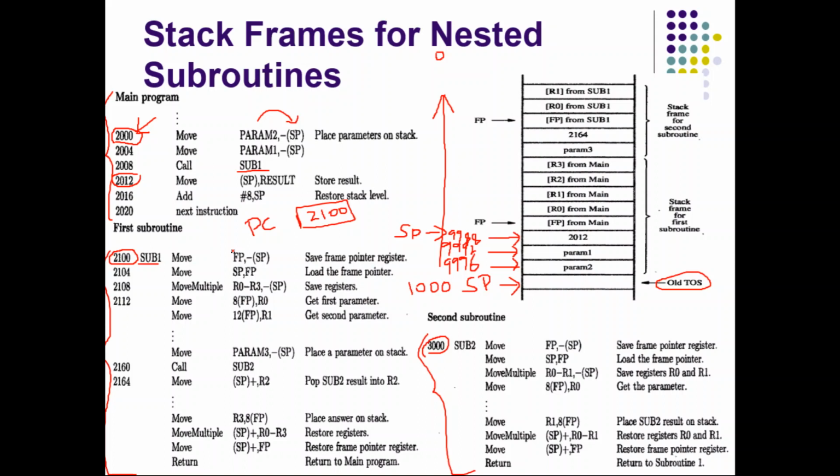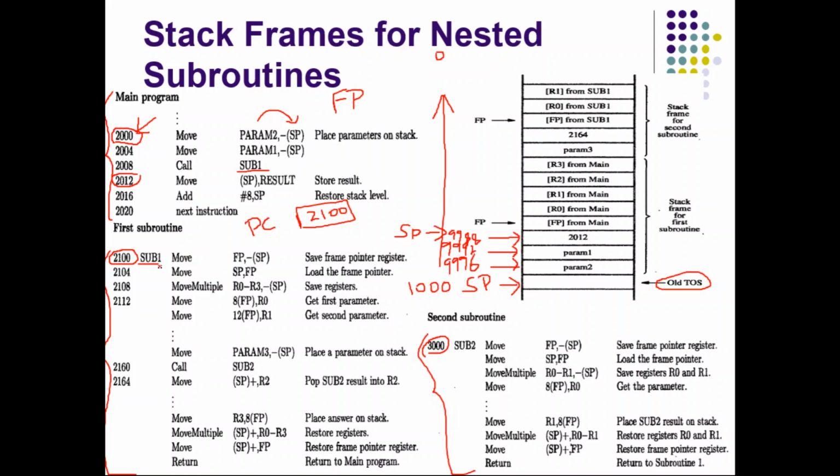See, there is only one frame pointer. It is not that there are many frame pointers. There is only one frame pointer, but the frame pointer can be used by any function. It can be used by the main program, by subroutine 1, and also by subroutine 2 or anything else.